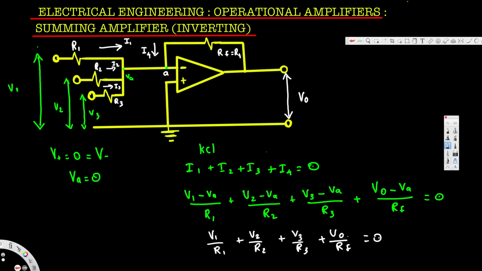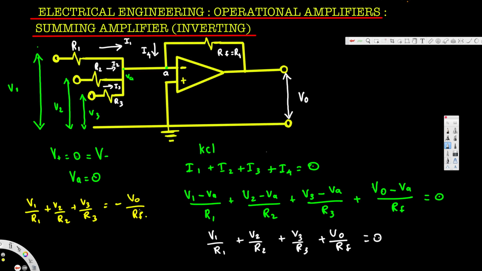Here we are trying to find VO, so let's move VO over RF to the other side of the equation. Then V1 over R1 plus V2 over R2 plus V3 over R3 is equivalent to negative VO divided by RF.